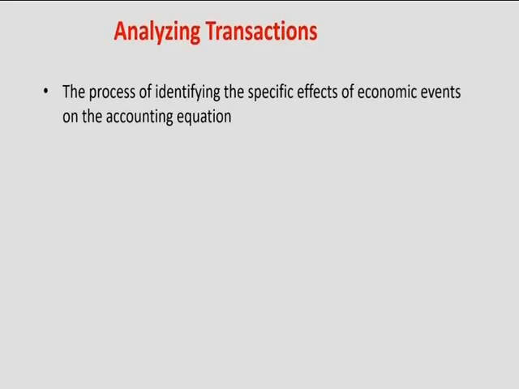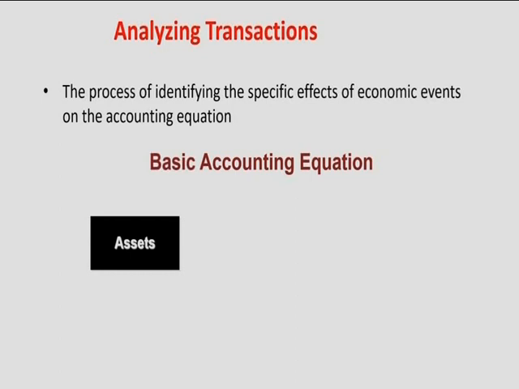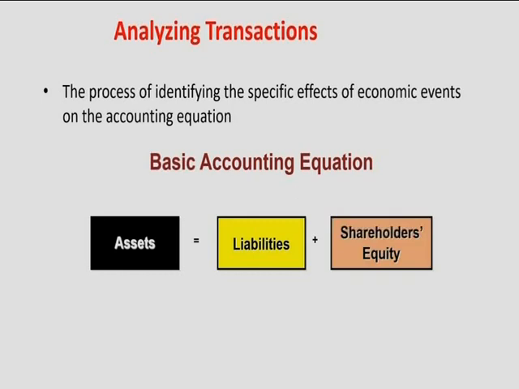Now let us try to analyze the transaction. The process of identifying the effects of specific economic events on the accounting equation is done by using the basic accounting equation. The basic accounting equation is assets equals liabilities plus capital, or we say shareholders' equity, or sometimes stockholders' equity.